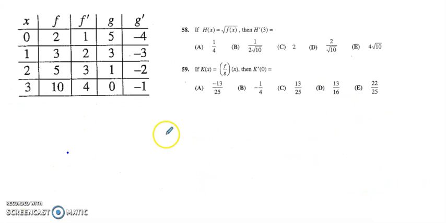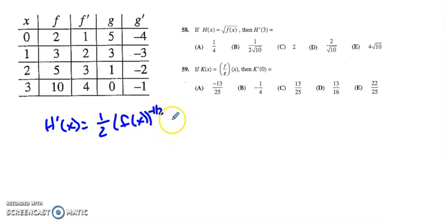Now I pulled the table of values over to this page to do the next two, and it looks like we've got some chain rule going on here. So for the first one, number 58, to get h prime of x, you are going to need to differentiate the square root function to get 1/2 times f of x and drop a degree to negative 1/2, multiplied by the derivative of what's under the radical, which is f prime. Now I need to evaluate this at 3.